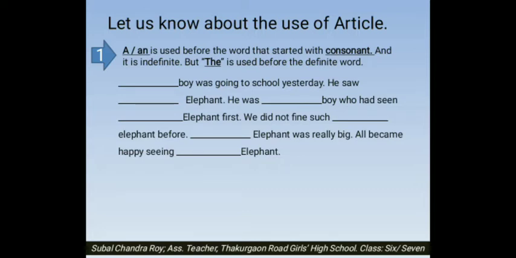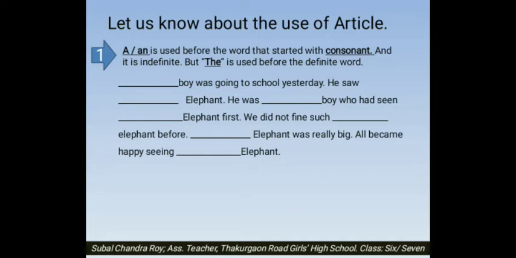He saw dash elephant. Okay, elephant. As elephant starts with E, a vowel, we must use an here, but we can't use the here, because this elephant is not definite, it's indefinite.